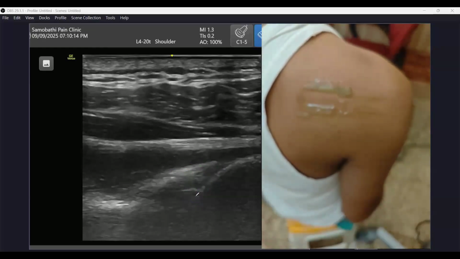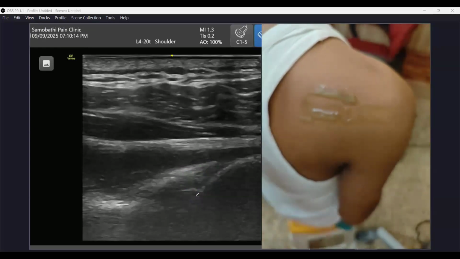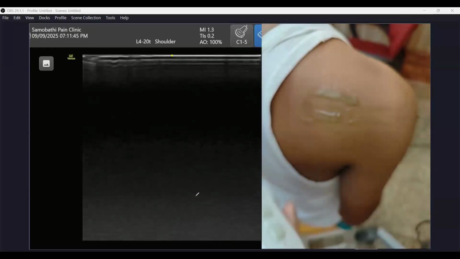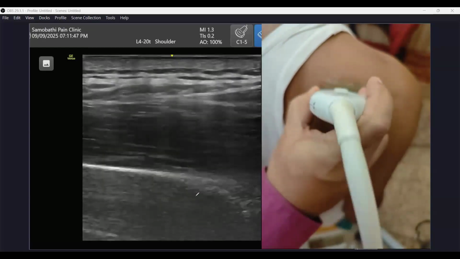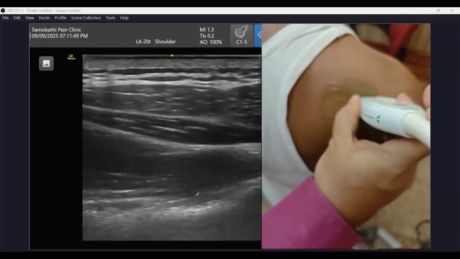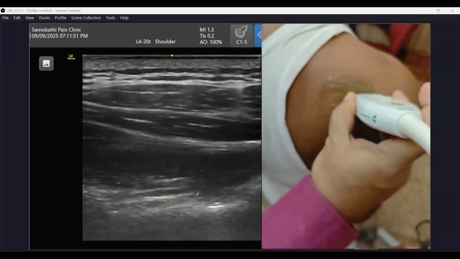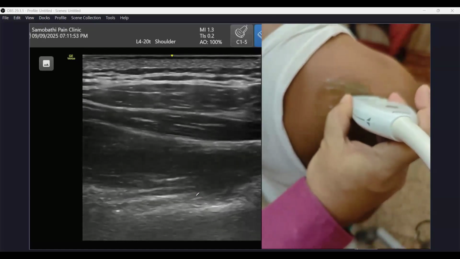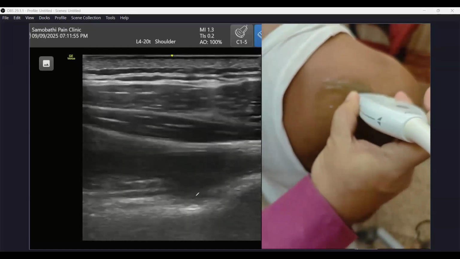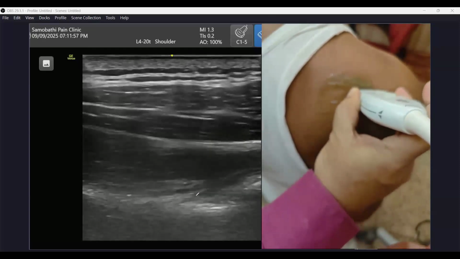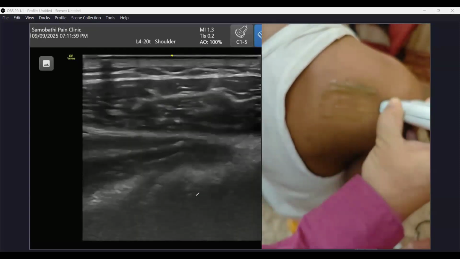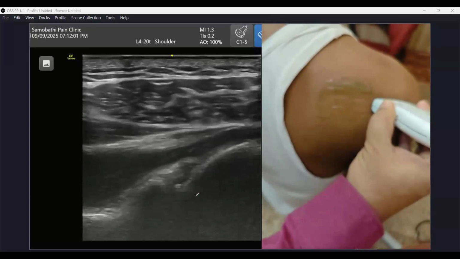So again, just see this area. Left side is the medial side. This side is the second layer, this is the infraspinatus. Upper, of course, is the deltoid, and then it is infraspinatus. Then I am going here. Again I can see a rounded structure.